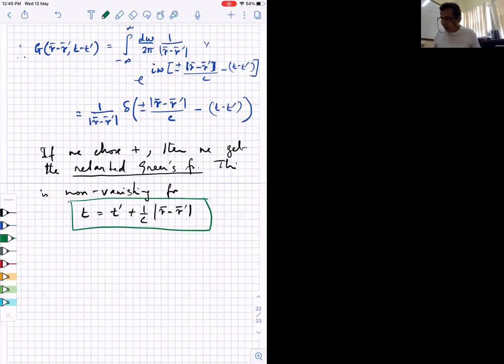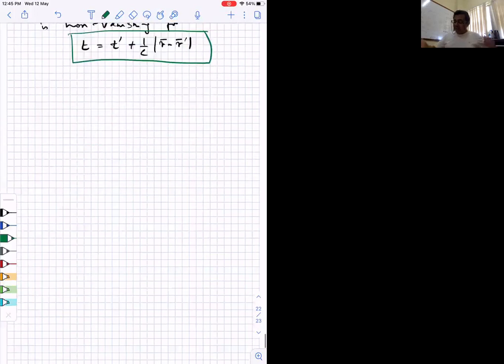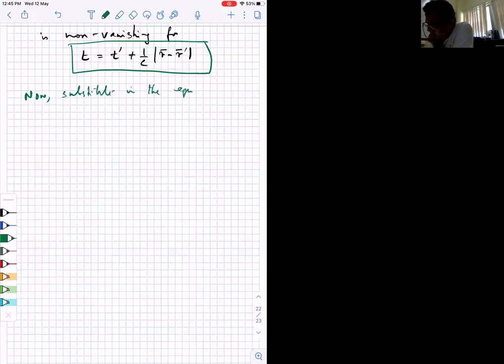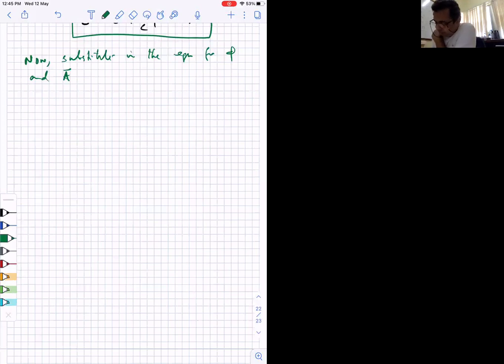Now, once we have this, we can go back and write down the equations that we had for phi and A. We substitute this in the first equation, in the equations for phi and A. So your phi, as a function of r and t, has two integrals: d cubed r prime, dt prime.